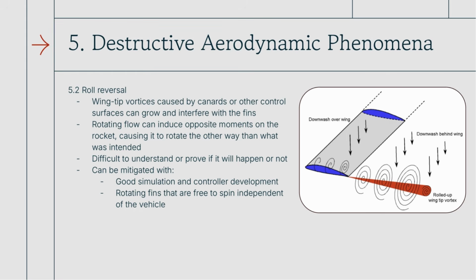This happened for quite a while on missiles, because missiles need to have a lot of maneuverability, right? So they need to be very good at turning very quickly in flight. So they had canards that were really big, and then they were running into issues where the interference from those canards would impact the fins at the back of the vehicle.